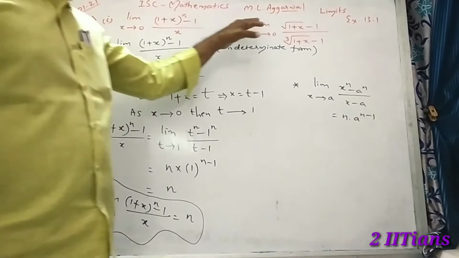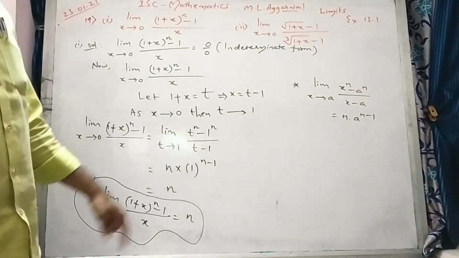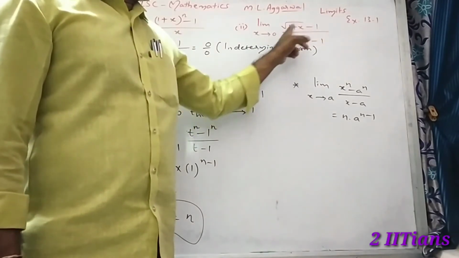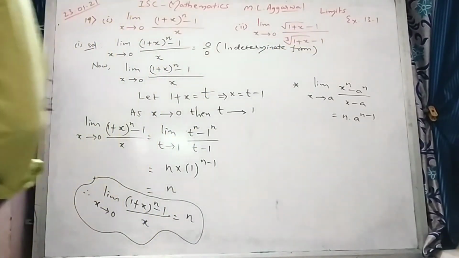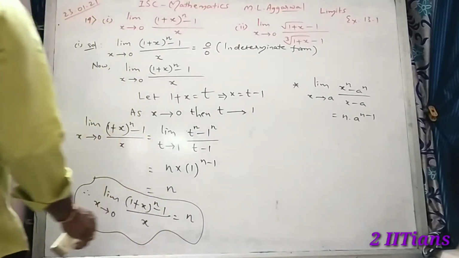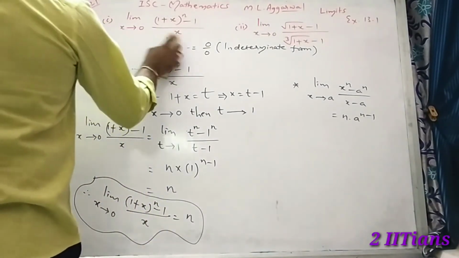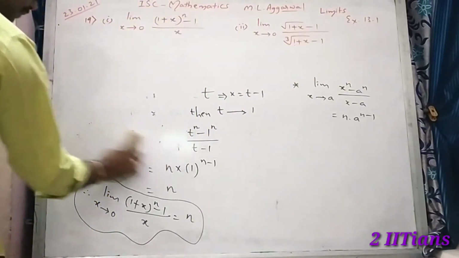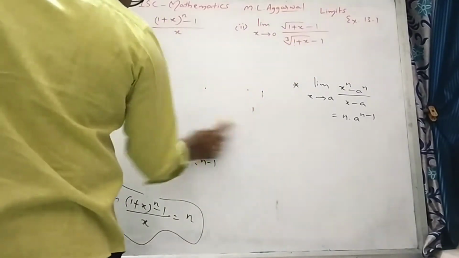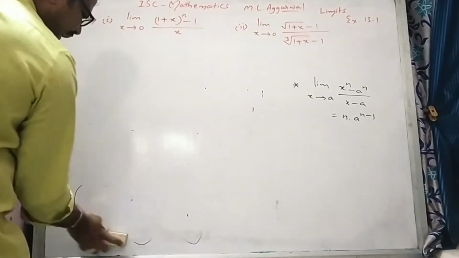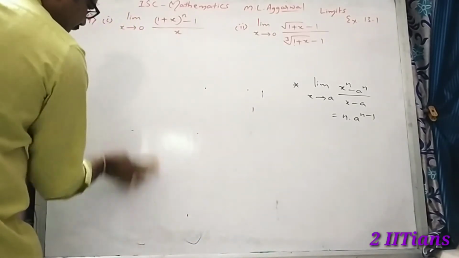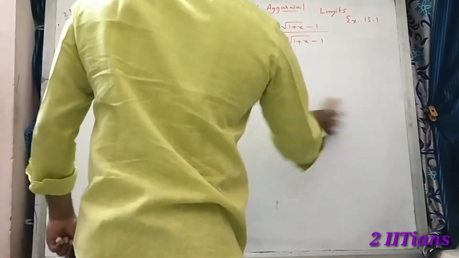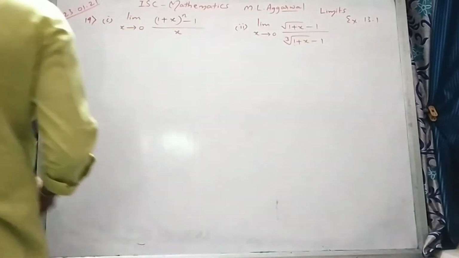Okay. Second problem, limit x tends to 0, square root of 1 plus x minus 1 upon cube root of 1 plus x minus 1. Let me solve that. I will use this result now. First result I will use here. Look at. So n, right? First question answer is n. Keep it in mind. Okay.